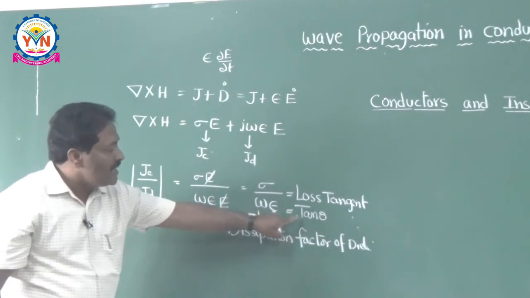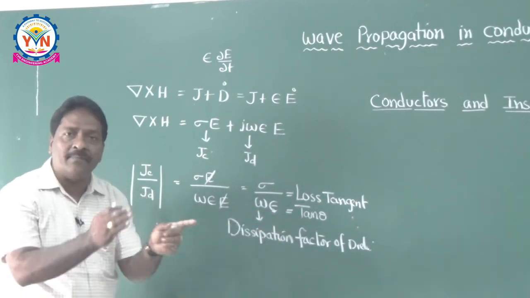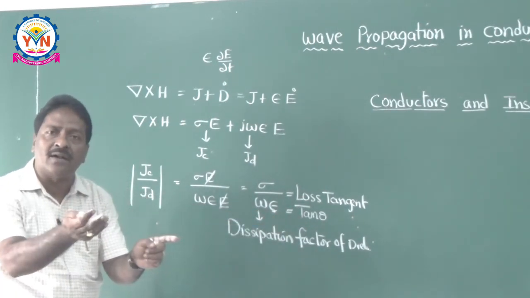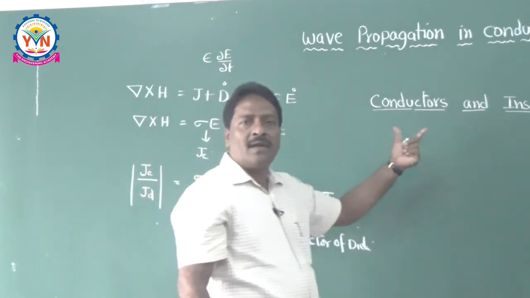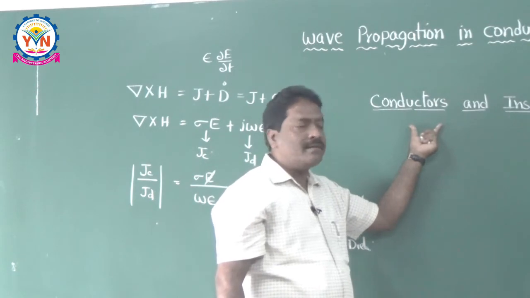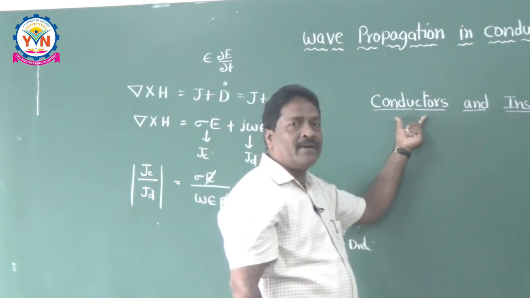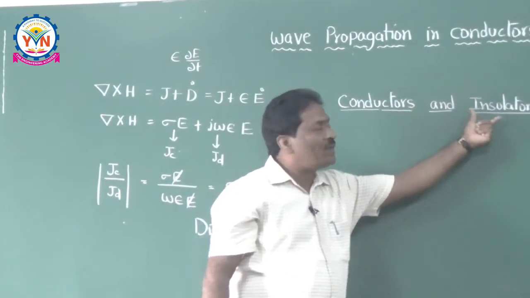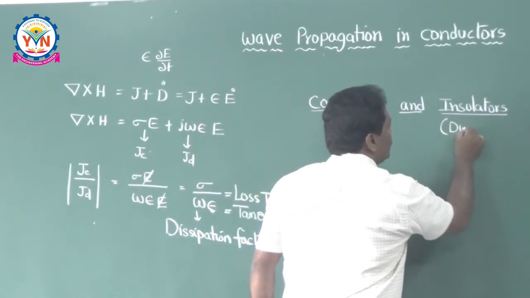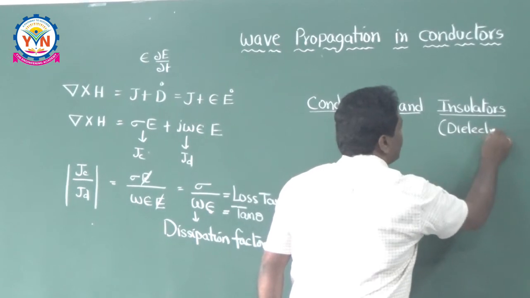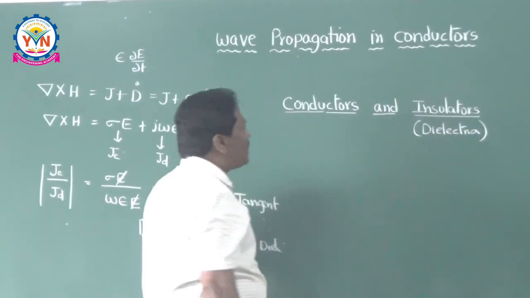this tan theta is deciding whether the medium is a good conductor or a good dielectric. Coming to the classification, I am dividing the medium into conductors and insulators. Insulators are also called dielectrics. What is the demarcation line I am taking?